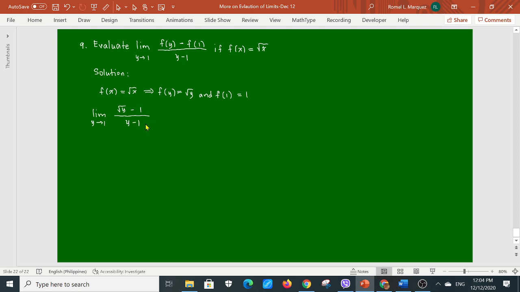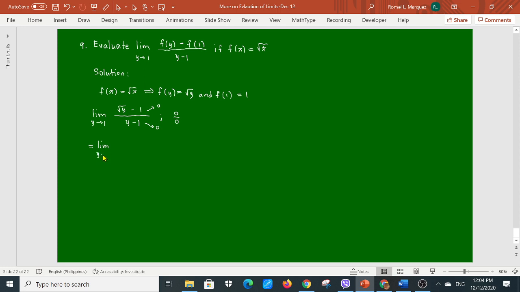But the numerator and denominator both approach 0. Denominator approaches 0. The numerator approaches 0. Therefore, this takes the indeterminate form 0 over 0. Okay? So, we apply the technique that we had before.